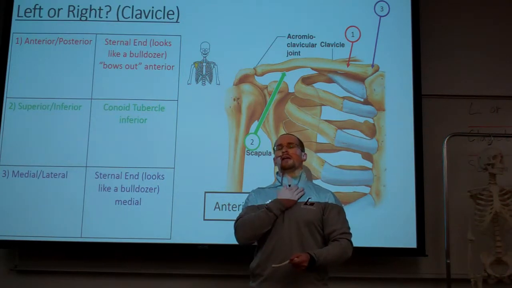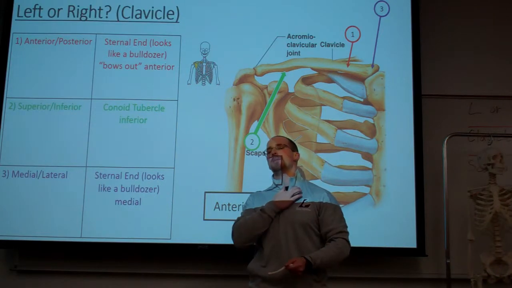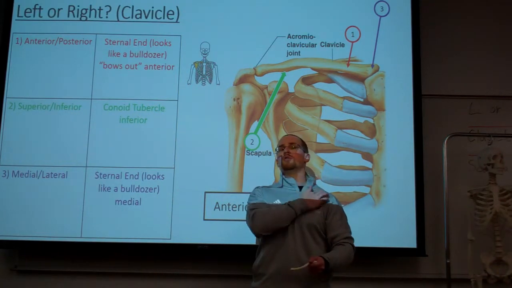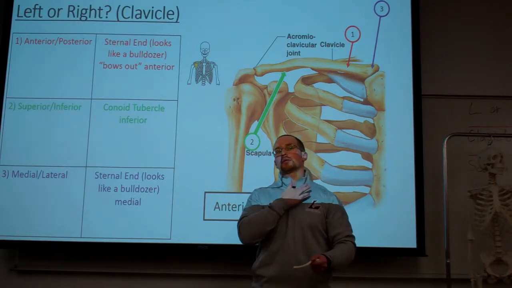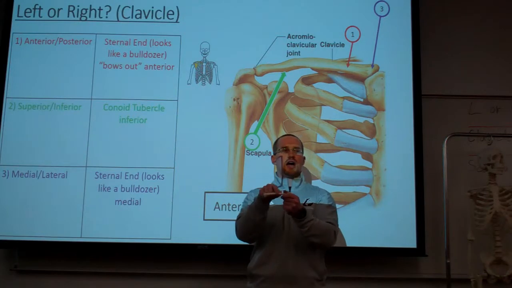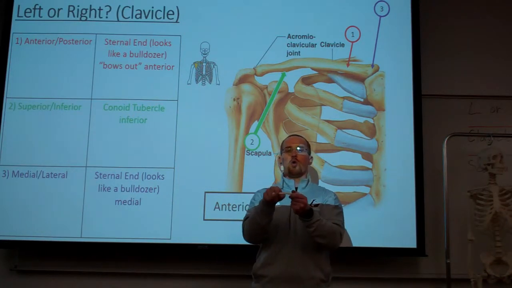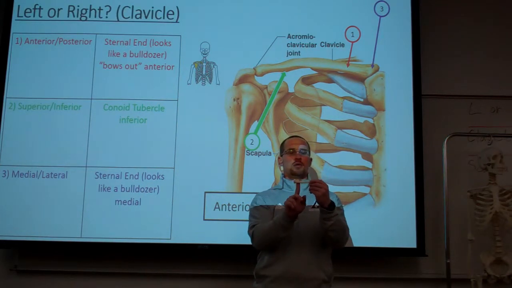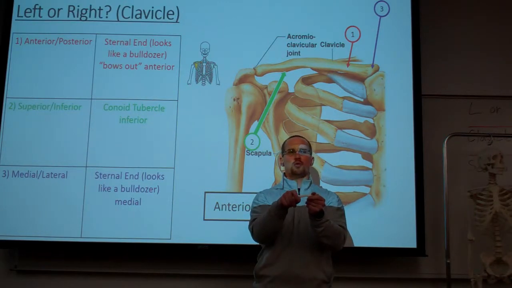I start in the middle, and as I move out to the side, notice it bows out to start and then caves back in as you move laterally. So the sternal end bows out. That's how you tell front from back. It's not going to be like this, because now that sternal end is bowing back. The sternal end has to bow out forward.